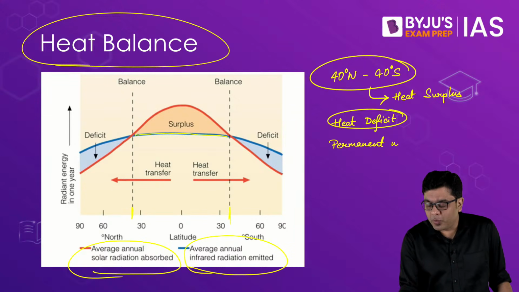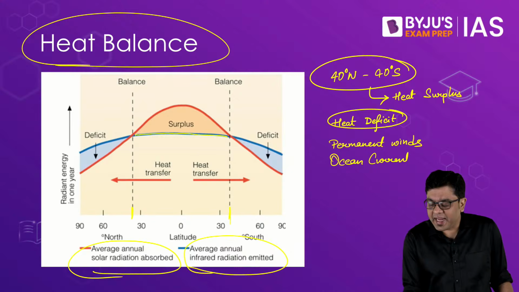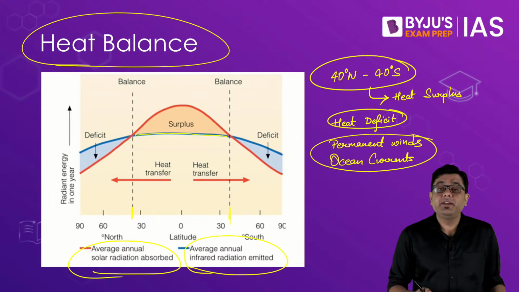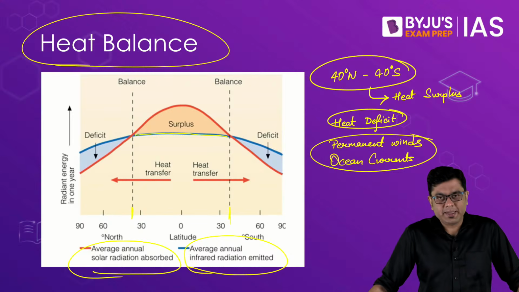You have permanent winds, then we have ocean currents. All these events help distribute that heat from one region to the other.